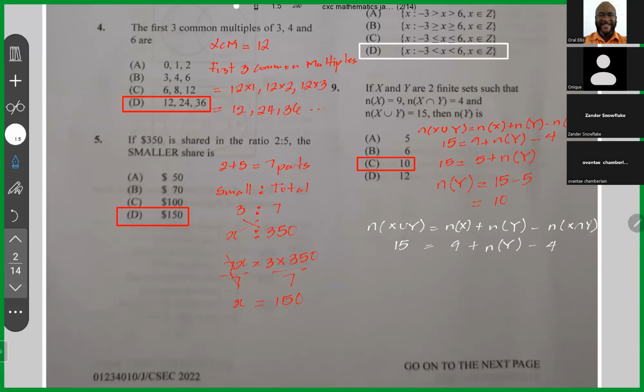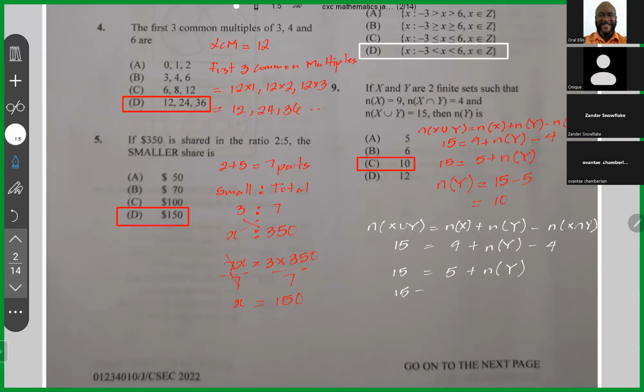So we have 15 is equal to 9 minus 4 is 5, plus the number of elements in Y. Stay with me. Positive 5 on the right goes over to the left and becomes negative. The number of elements in Y is equal to 15 minus 5, which is 10.